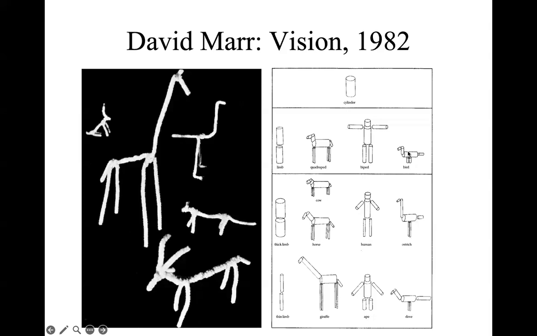You combine the different kinds of cylinders in different positions and shapes. And then you can go further and divide the quadrupeds into a cow, a horse, and a giraffe, depending on the proportion of the cylinders.